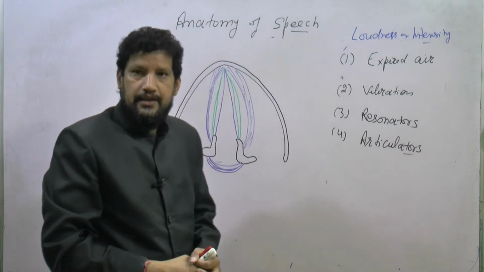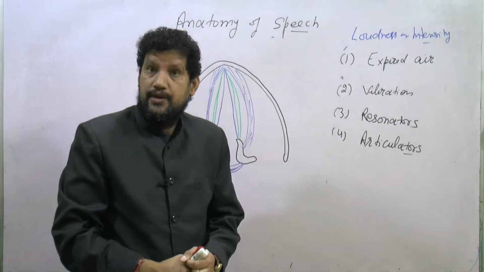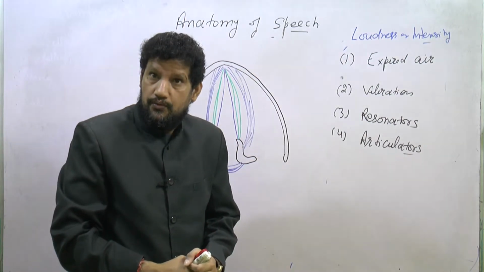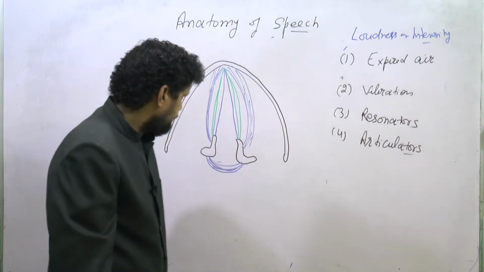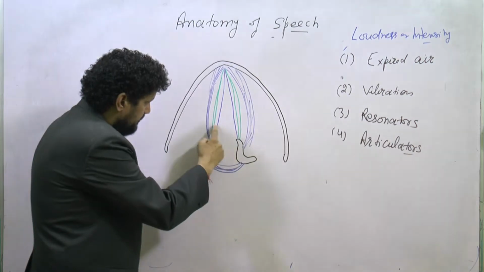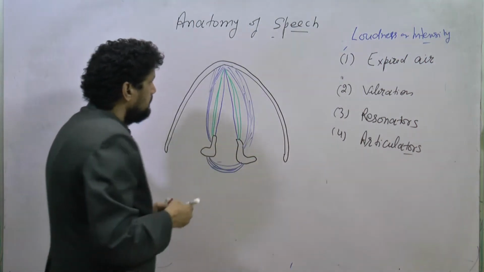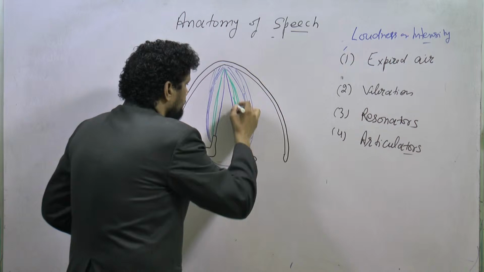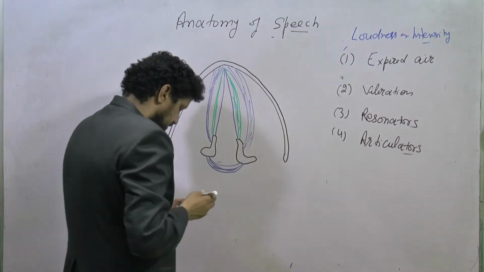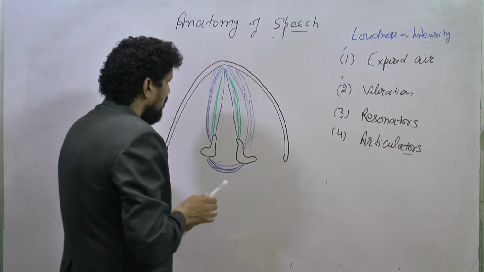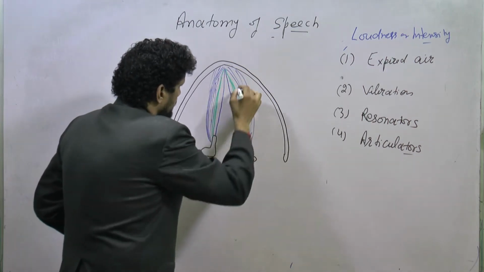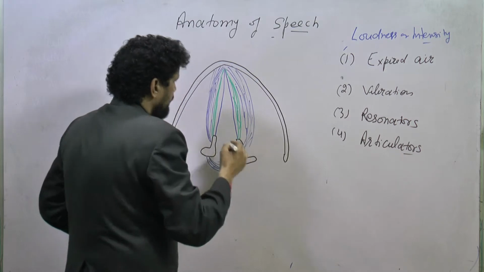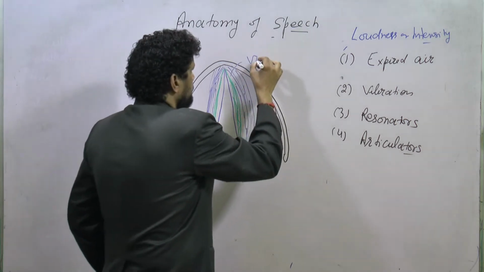The vocal ligament is the upper thickened free margin of the cricovocal membrane or the conus elasticus. This green colored muscle is the vocalis muscle, and this muscle is the thyroarytenoid muscle.